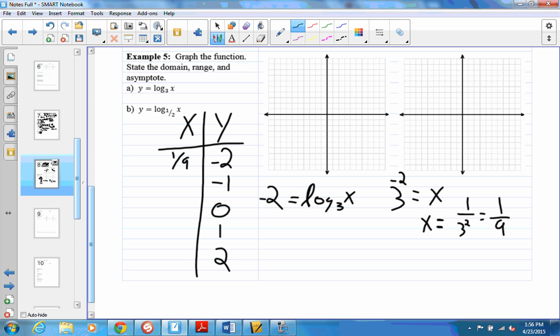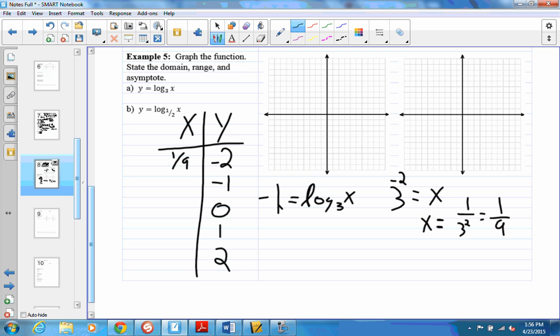So -1 equals log base 3 of x. What is x? 1/9. I got a 1/9. Anything else? Anybody second that? Anybody disagree? Anybody get anything different?